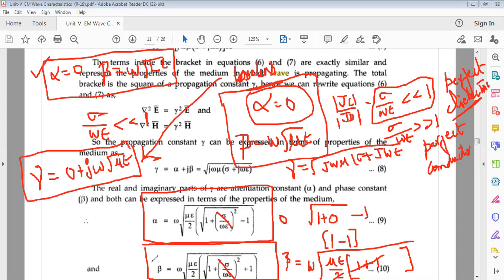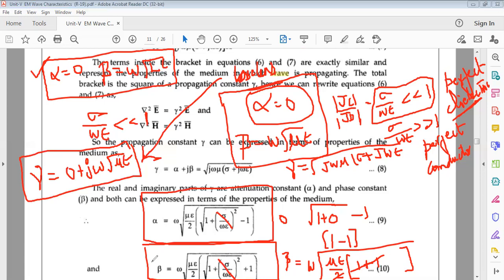Okay, so how did we get the alpha and the beta? That is very important. How did we get that equation, omega under root of mu epsilon by 2 multiplied with the square root of 1 plus sigma by omega epsilon whole square minus 1? We already derived that alpha and beta in the transmission line also, my dear friends. But in the transmission line, we don't have any epsilon, mu and sigma.